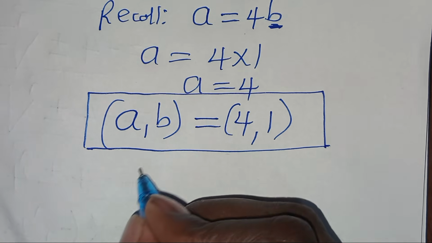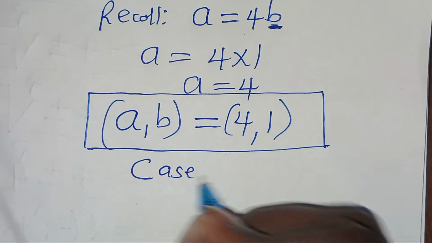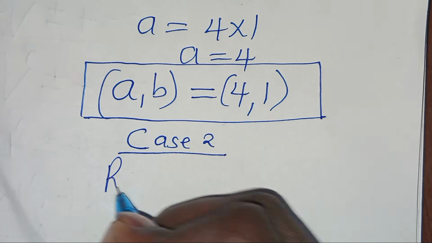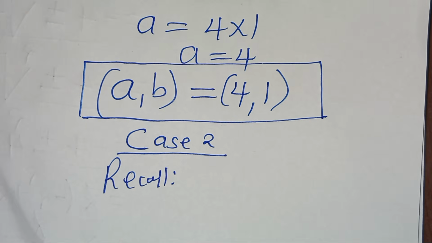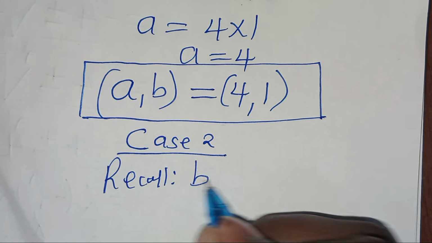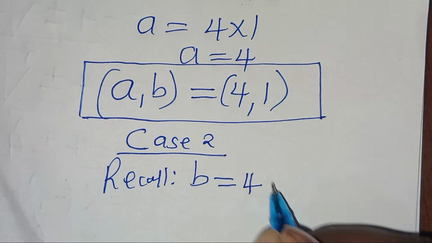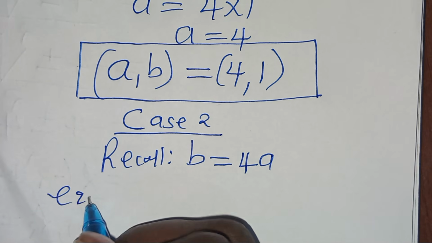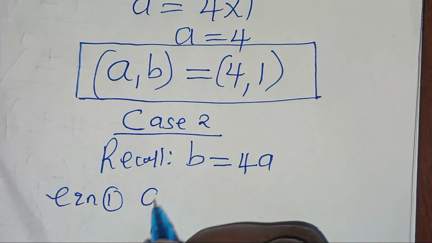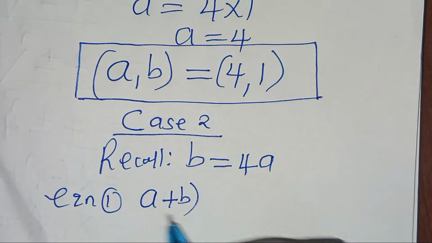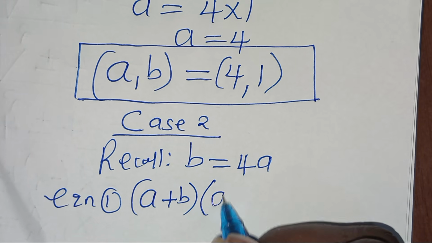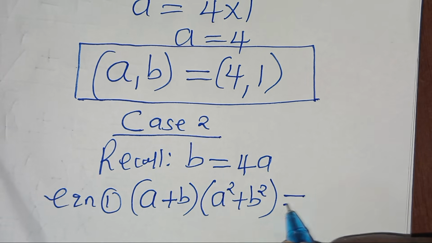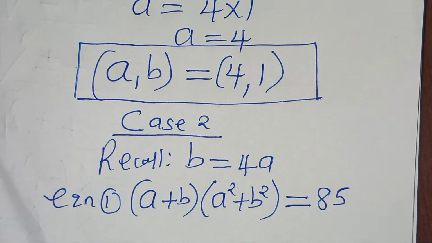Now let's solve for case 2. If you recall, in case 2, we have that b is equal to 4 times a. Now from equation 1, which is a plus b, a to the power of 2 plus b to the power of 2, this is equal to 85.